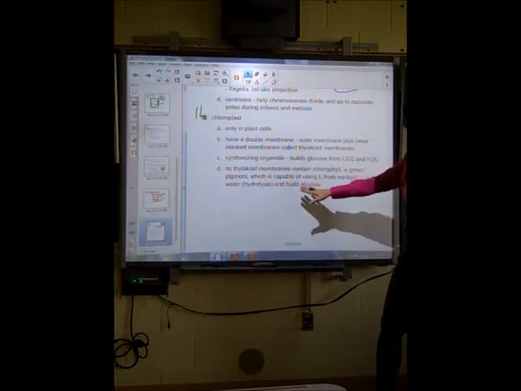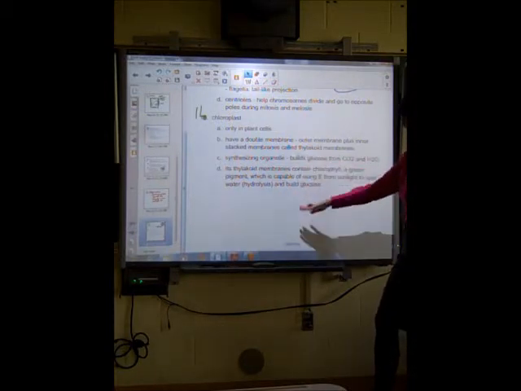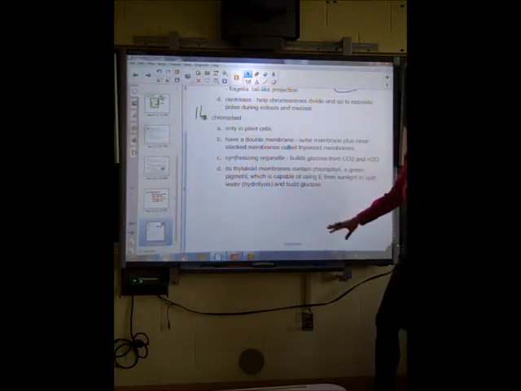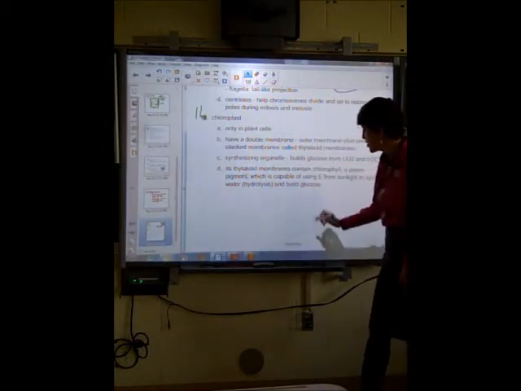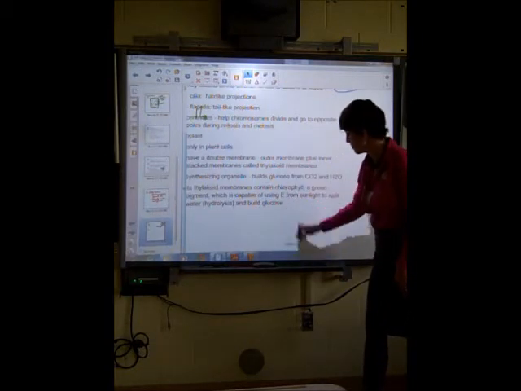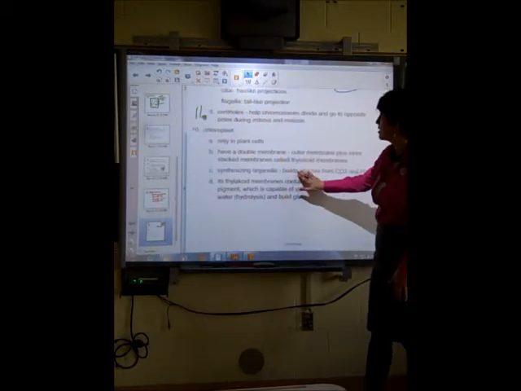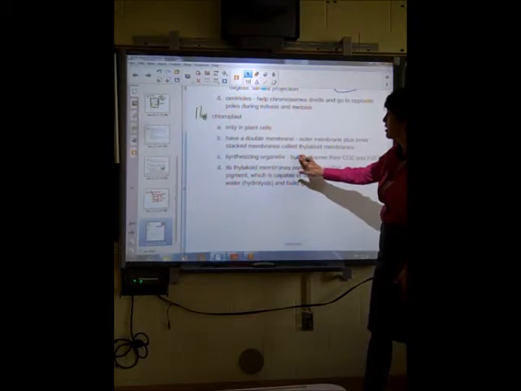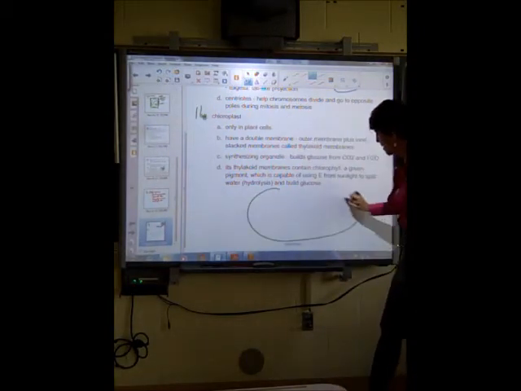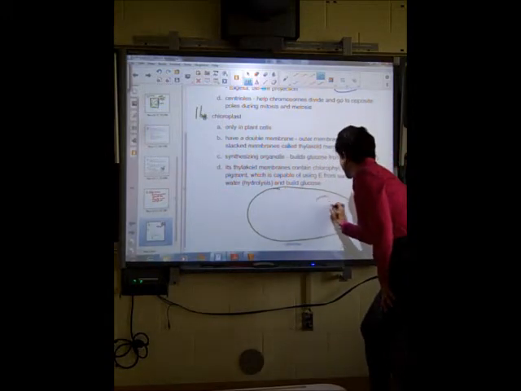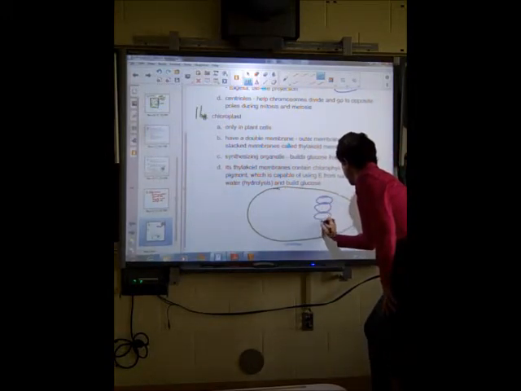So right here in this section of our notes, we'll draw a chloroplast, and then we'll add some chloroplasts to our plant cell diagram. So a chloroplast has an outer membrane, and then it has stacks of inner membranes.